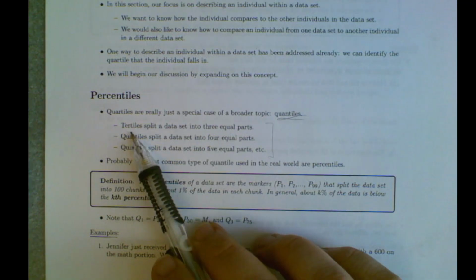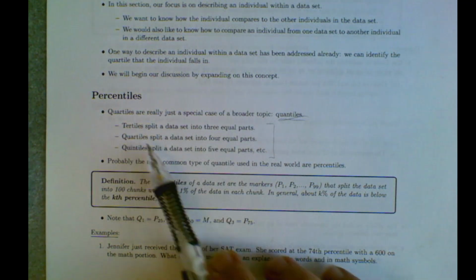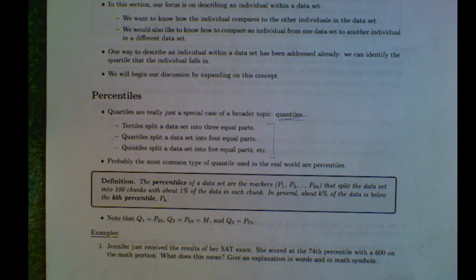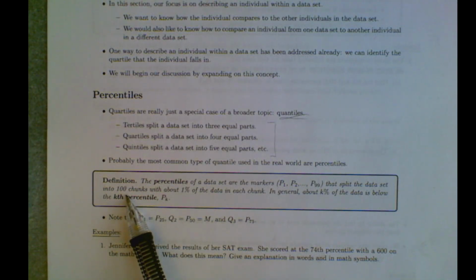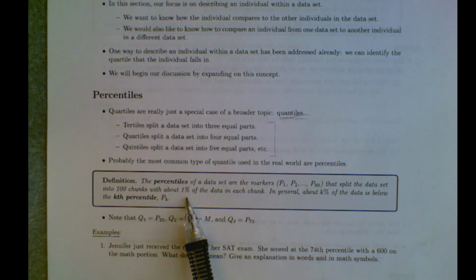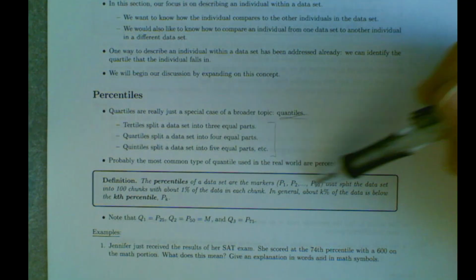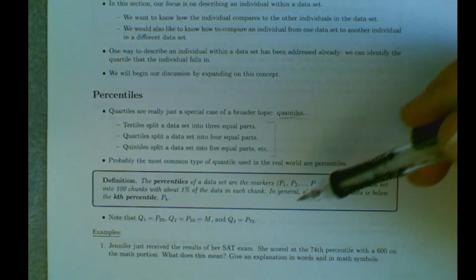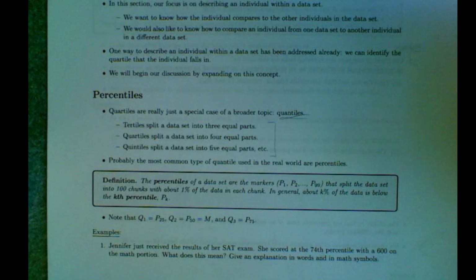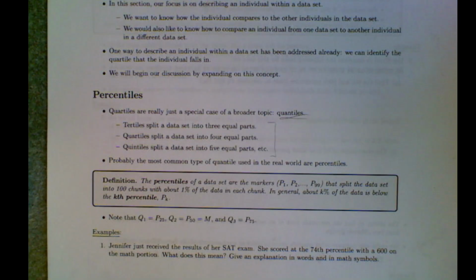We could have tertiles that split a data set into 3 parts, or quartiles, as we've seen, which split a data set into 4 parts. Quintiles split a data set into 5 equal parts, and so forth. Percentiles are going to split a data set into 100 equal parts. About 1% of the data is going to be in each of those chunks created by the 99 percentiles. In general, about k% of the data is below the kth percentile.